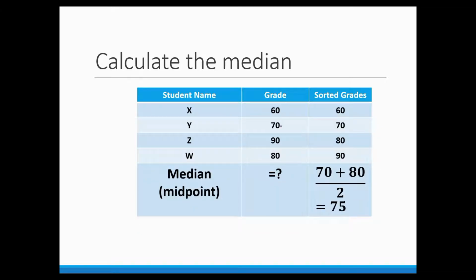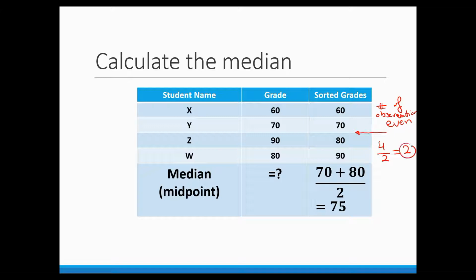But if the number of observations is even, in this case the midpoint is exactly here. The number of observations is 4 divided by 2, so it's 2.